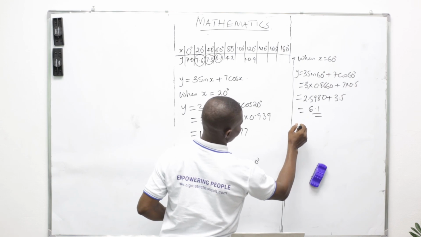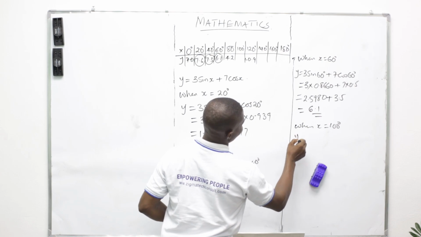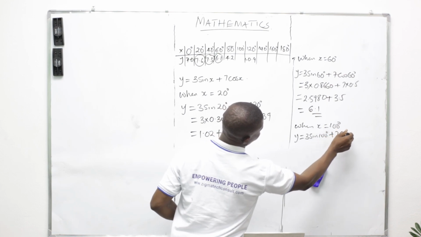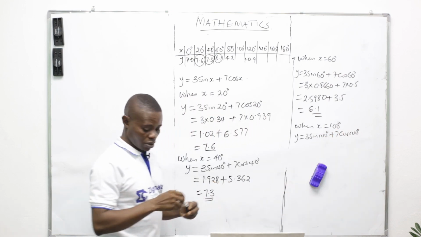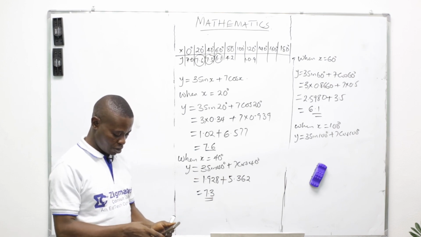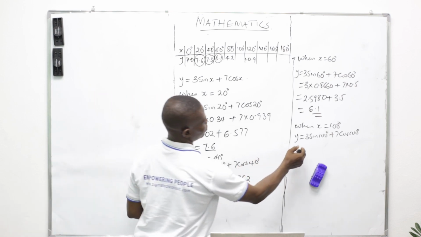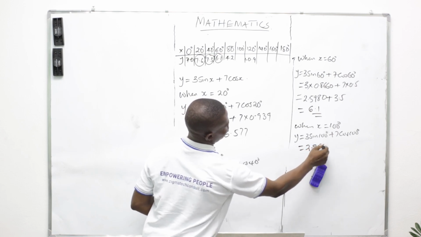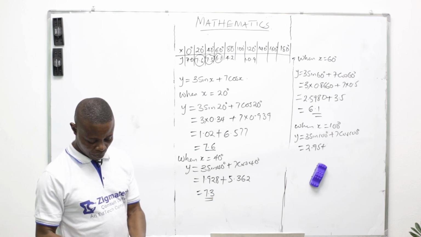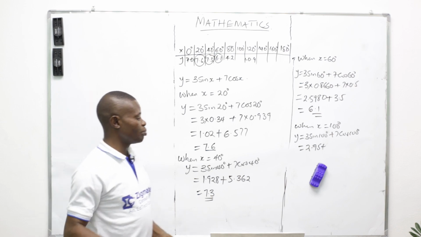When x is 100 degree, y equals 3 sine 100, which is not a special angle. So sine 100 times 3 is 2.95, plus 7 cos 100, which is minus 1.21.